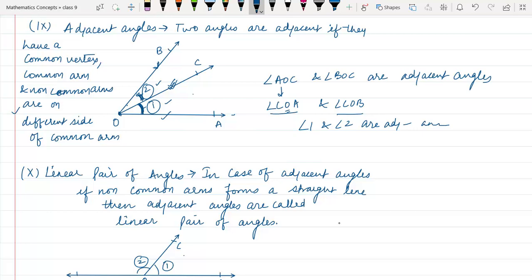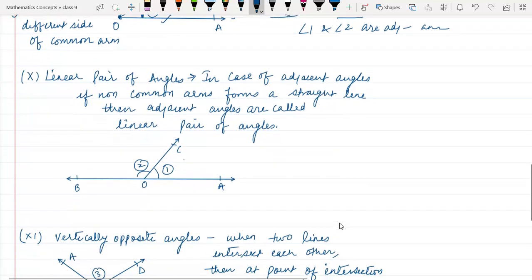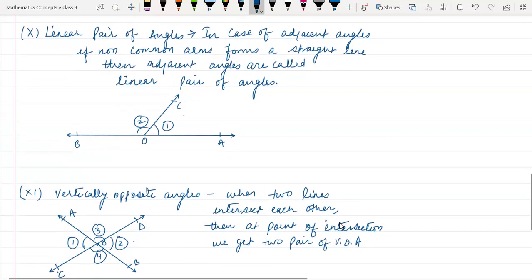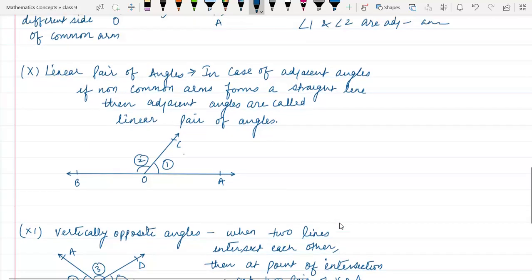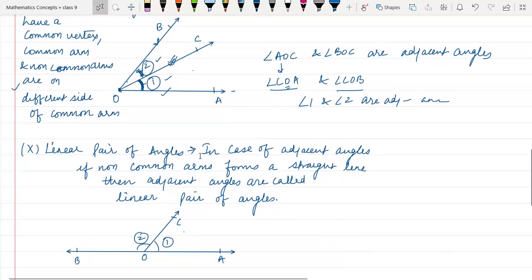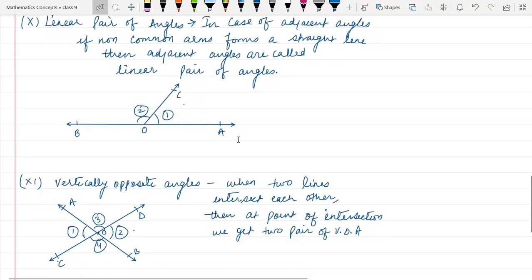Now let's see linear pair of angles. Linear pair of angles is a special case of adjacent angles only. In that case we have seen the non-common arms, that is OA and OB, were like this. If these non-common arms form a straight line, you can see this OA and OB are now forming a straight line.